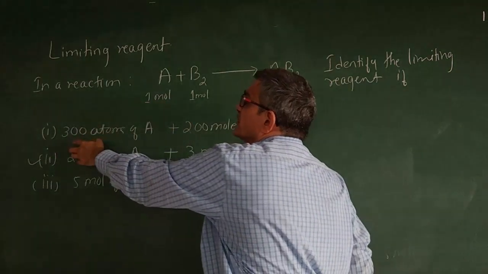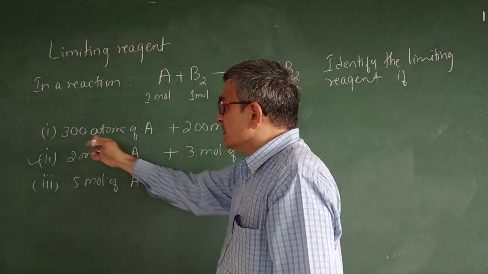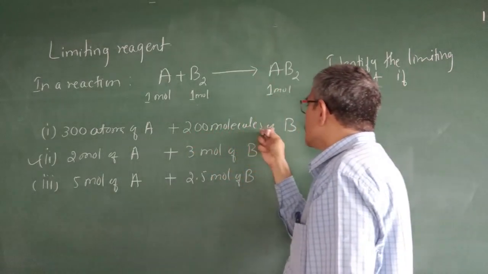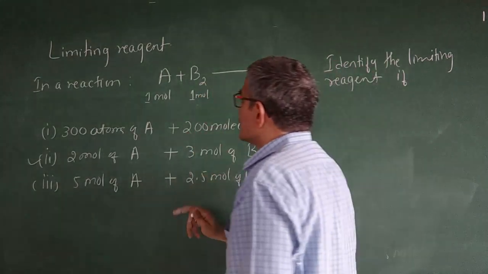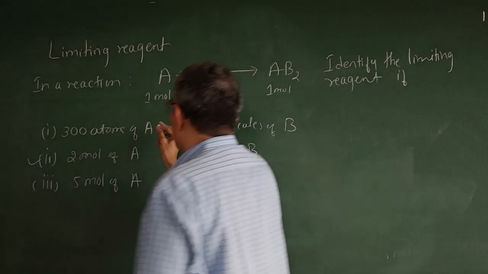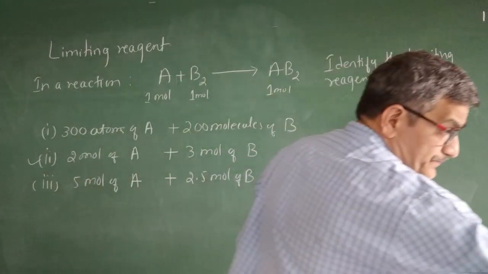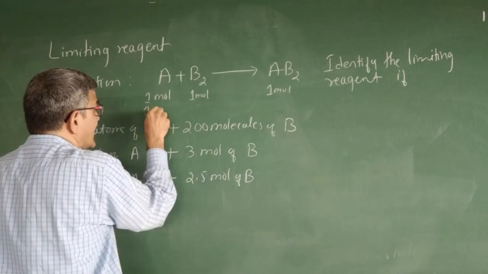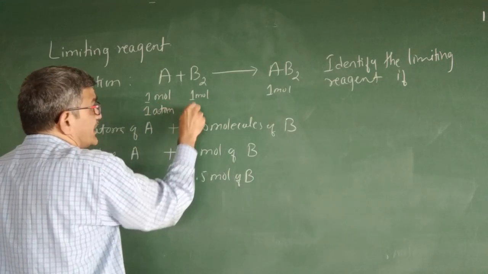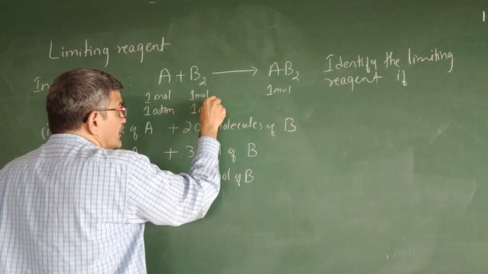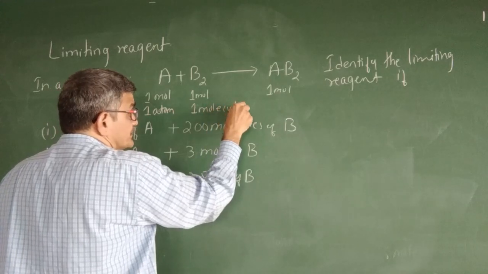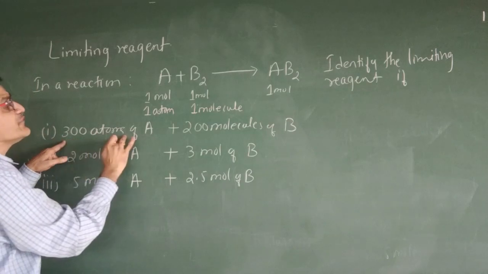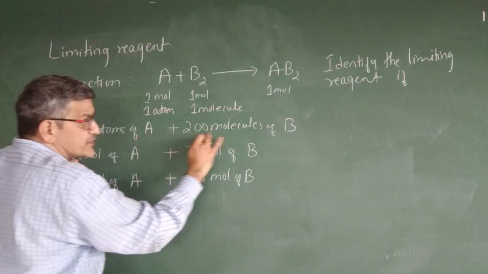So now in the same way, here they have given in terms of atoms: 300 atoms of A, 200 molecules of B. In terms of A, this is one atom and this is one molecule. So for 300 atoms of A, how many molecules are needed?